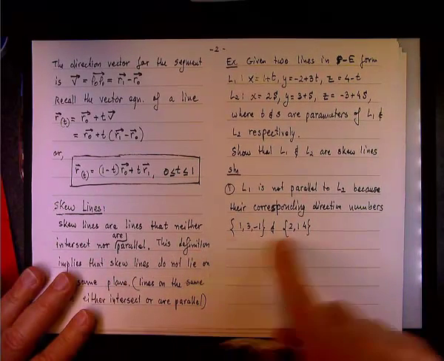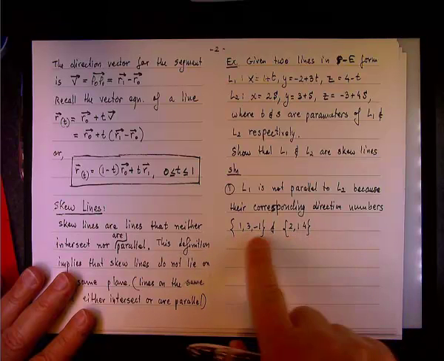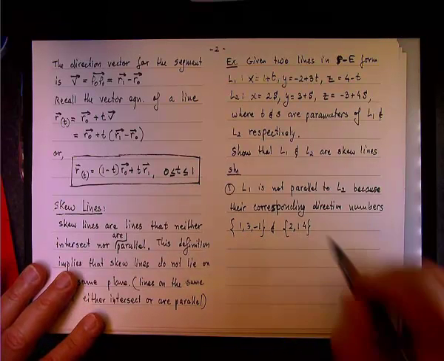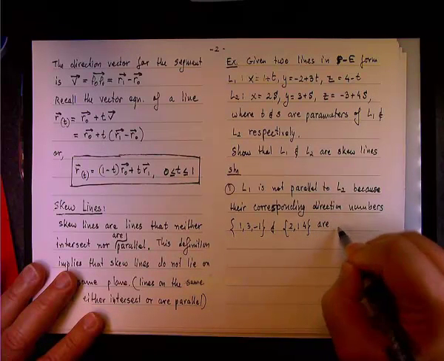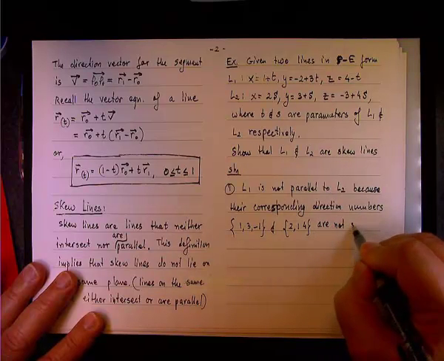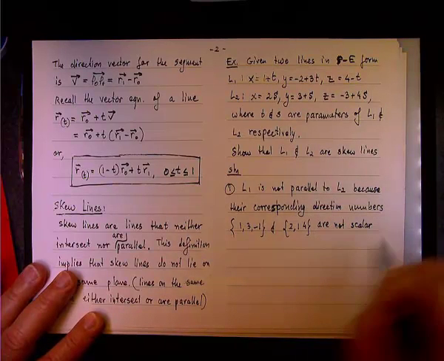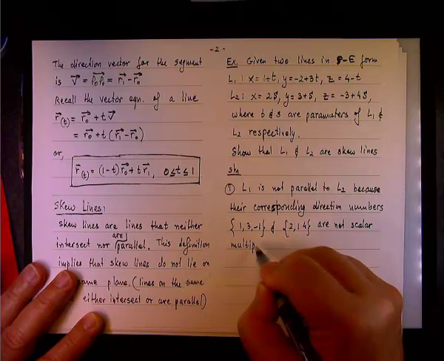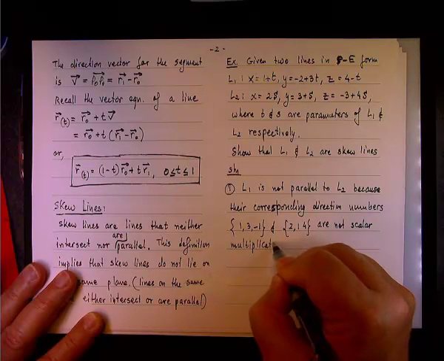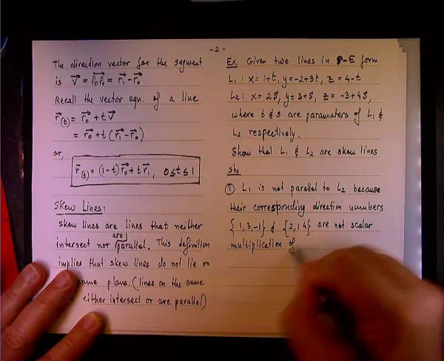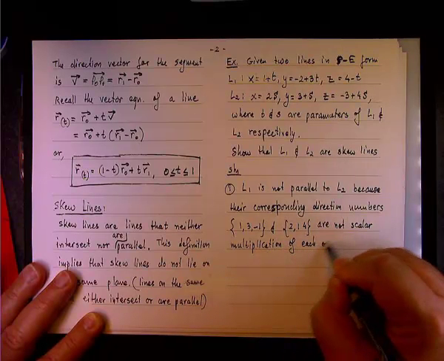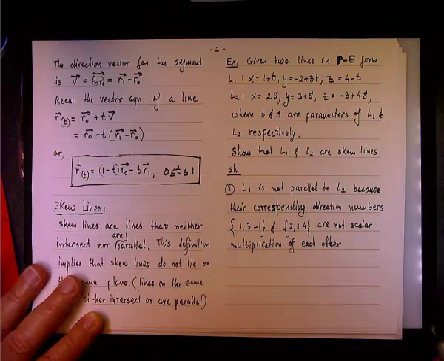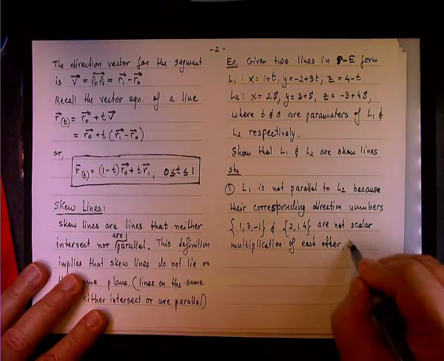If they were, for instance, direction numbers 1, 2, 3 and 2, 4, 6 are parallel. Or 1, 2, 3 and negative 1, negative 2, and negative 3 are also parallel. They are scalar multiples of each other. But for these two, there is no such scalar that 1 becomes 2, while 3 becomes 1, and negative 1 becomes 4.